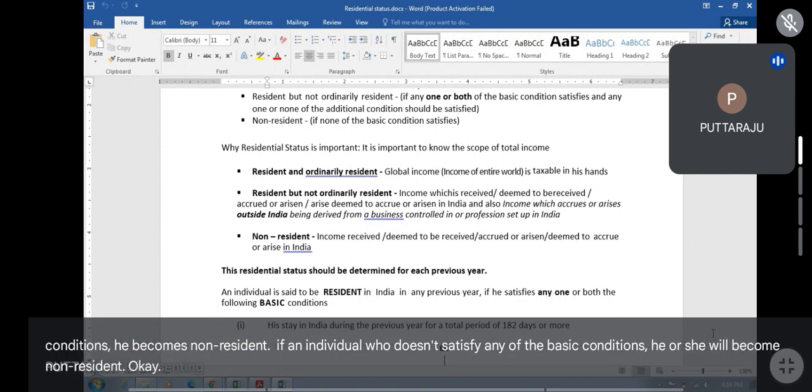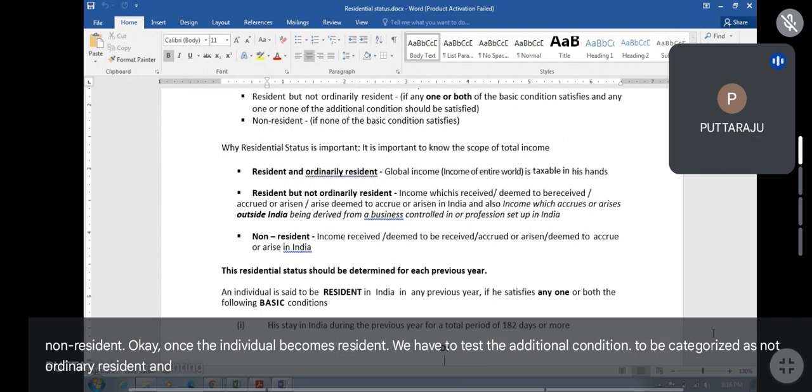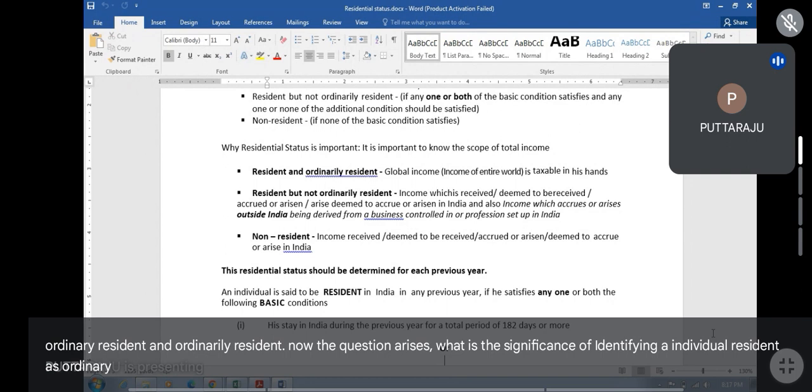Once the individual becomes resident, we have to test the additional conditions to be categorized as not ordinarily resident and ordinarily resident. Now the question arises, what is the significance of identifying an individual resident as ordinary and not ordinarily resident?